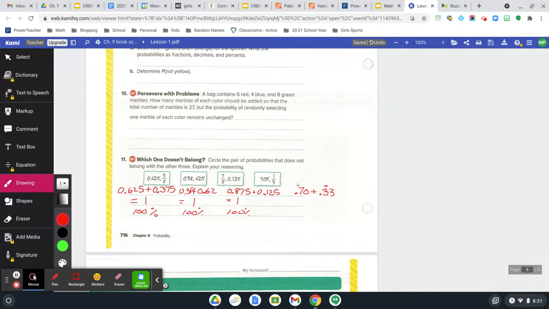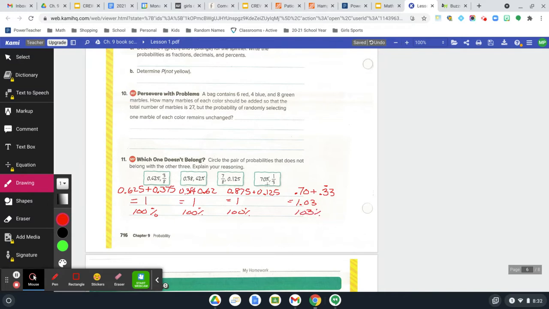So now if you were to add these two together, if I just stop this at 0.33 and I add these two, I'm actually going to get a value over 1. I would get, sorry, just got interrupted for a second, 1.03. That means this is 103%.